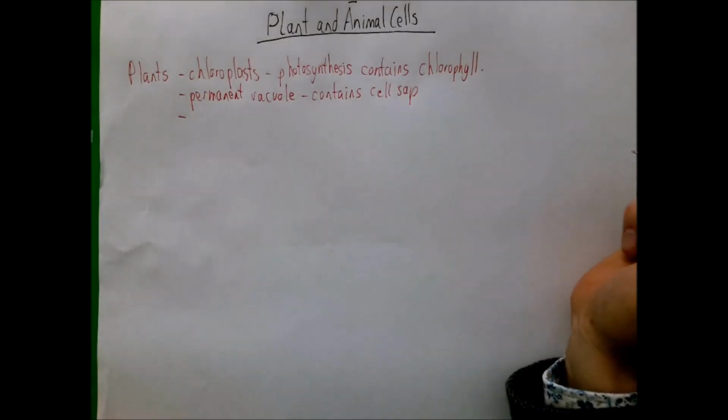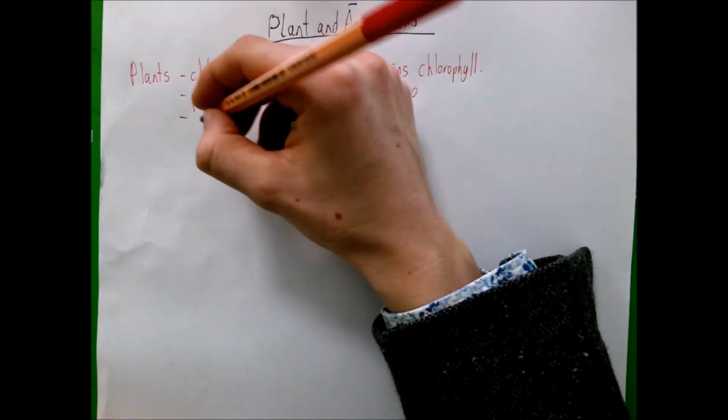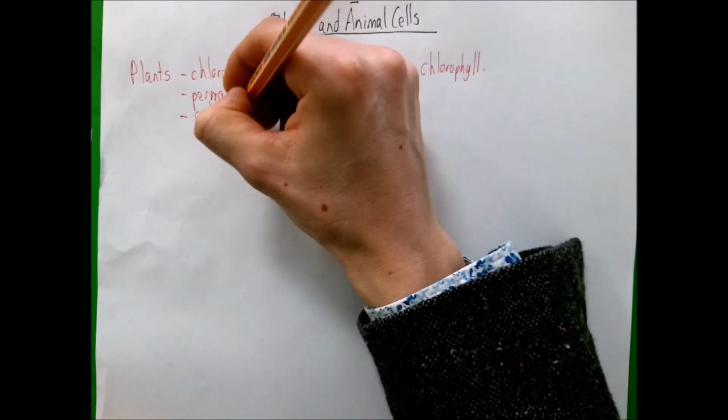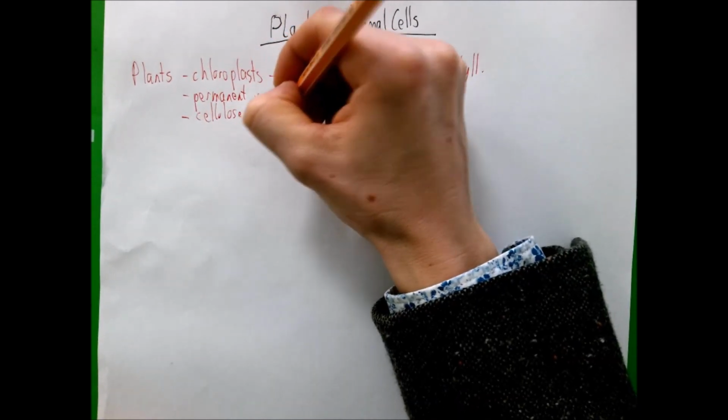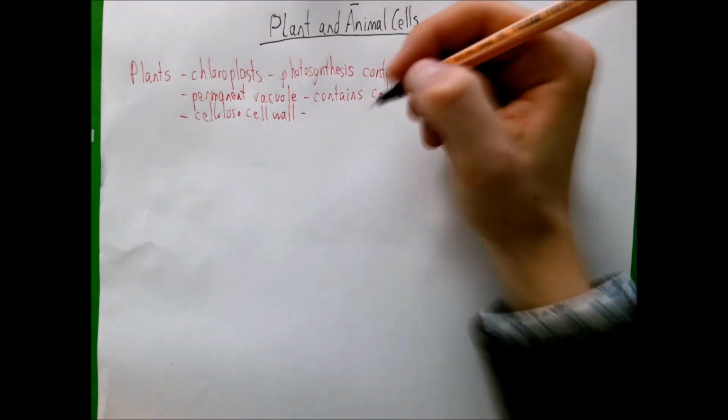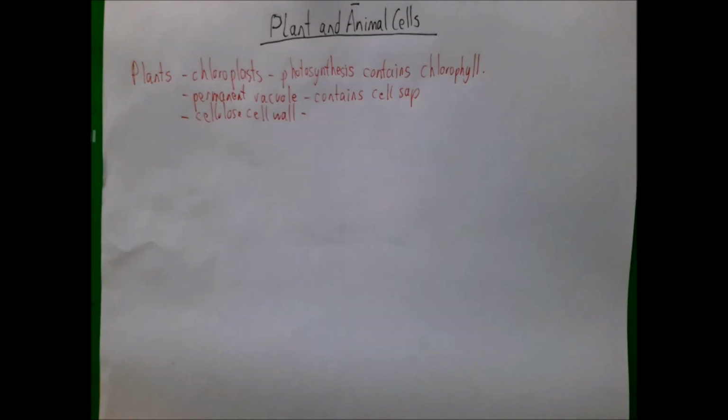What you also find only in plant cells is a cell wall made of a substance called cellulose. The purpose of the cell wall is that plant cells aren't able to move around to control their environment, so they're potentially exposed to either more dilute or more concentrated solutions, which is going to affect osmosis within the cells.